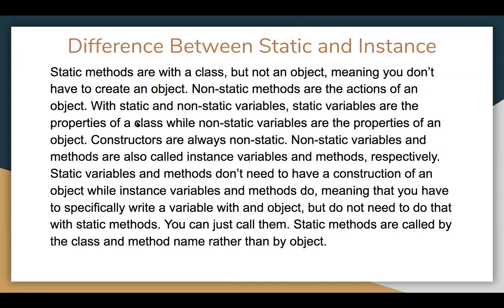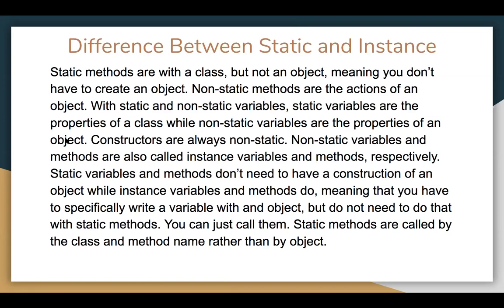Since static variables are attached to a class, they're properties of the class, and they're attached to a public class, of course. And non-static variables are the properties of an object. So again, using the person analogy, if you imagine a class that you create yourself as a person, then methods are like the actions of the person, and the variables are like the attributes.